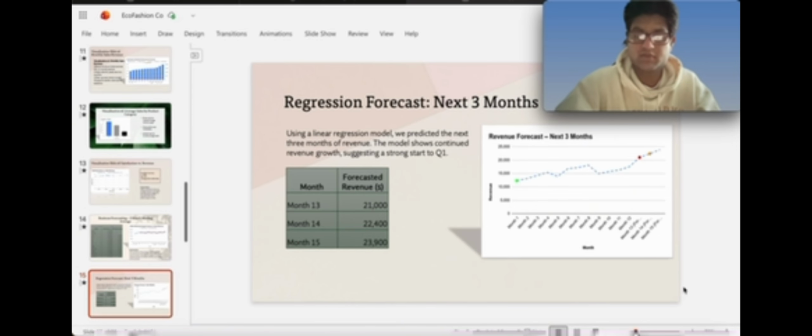This model is especially useful for planning because it allows EcoFashion to estimate revenue based on expected shirt sales. Since shirts are a consistent top-performing product, this regression provides a reliable foundation for budgeting, goal setting, and future growth strategies. Thank you.